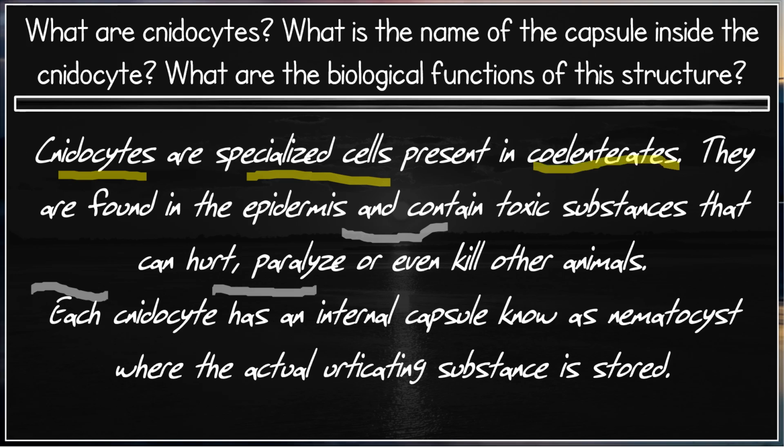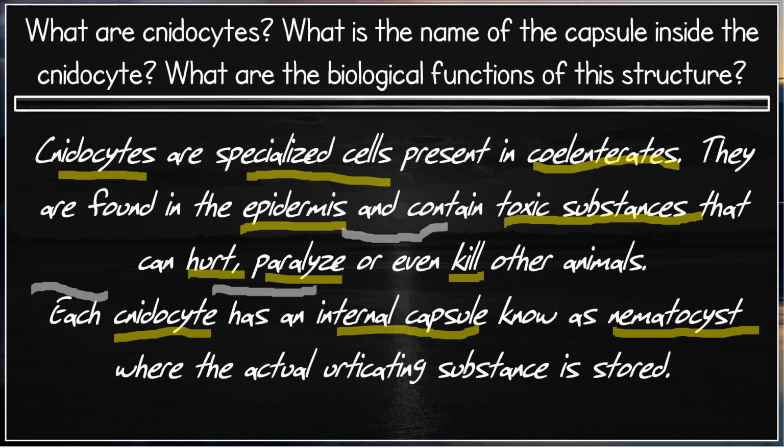They are found in the epidermis and contain toxic substances that can hurt, paralyze, or even kill other animals. Each cnidocyte has an internal capsule known as nematocyst, where the actual stinging substance is stored.